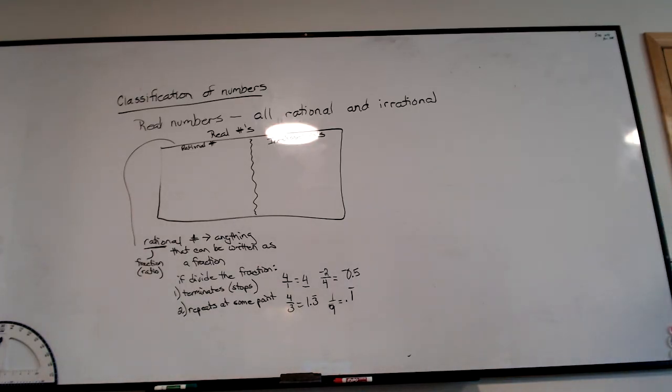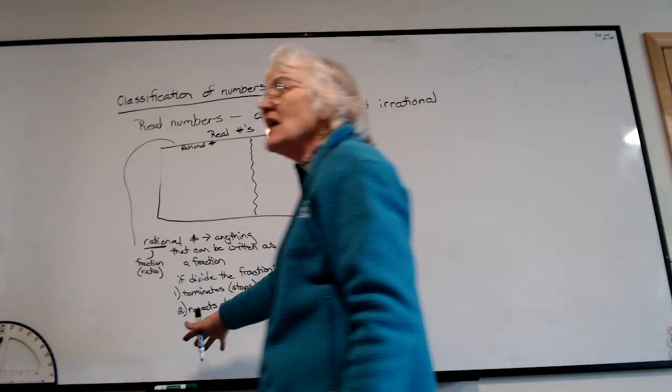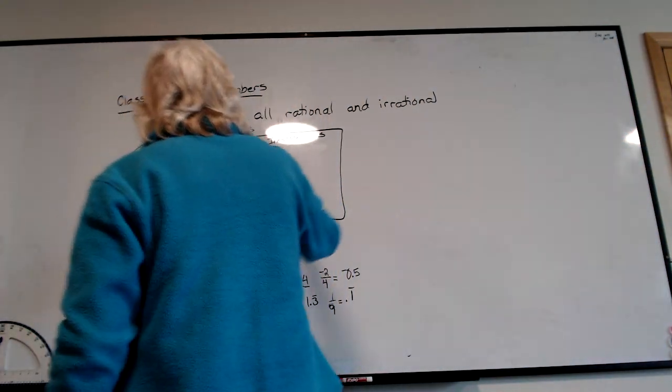So, rational numbers are anything that can be written as a fraction, which means that when I do the division, the decimal itself either stops or it repeats. The reason that's important is because of how I define irrational numbers.